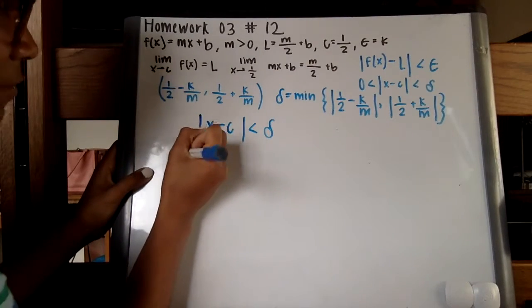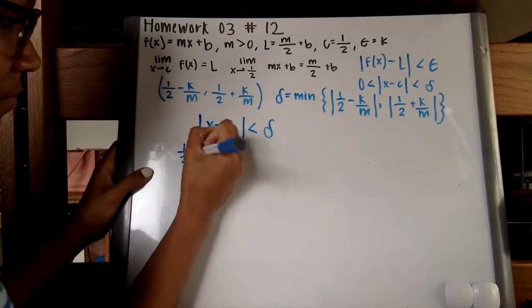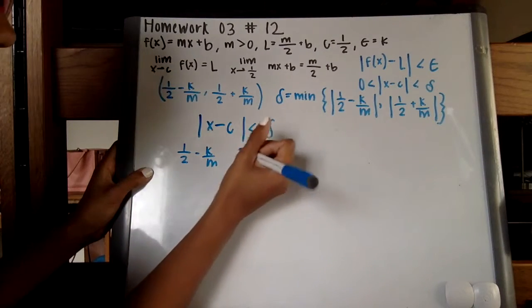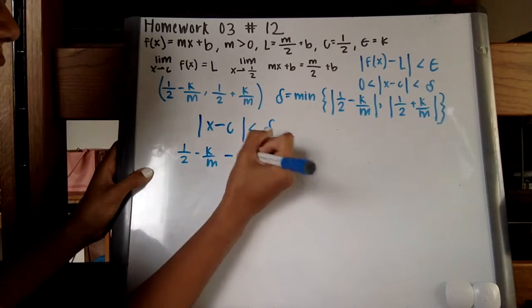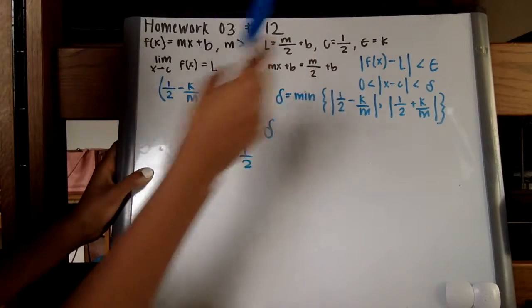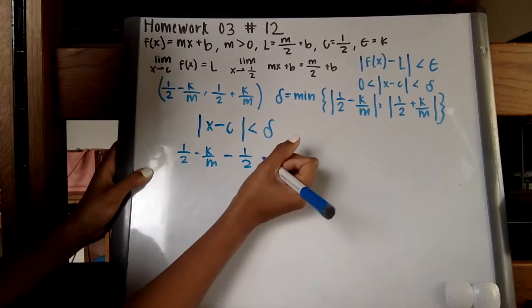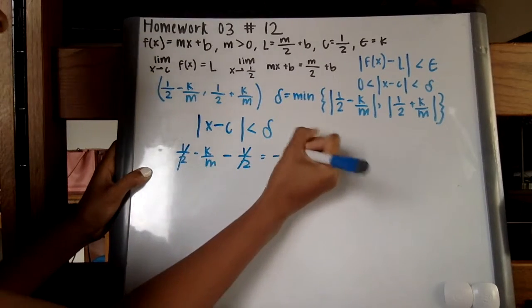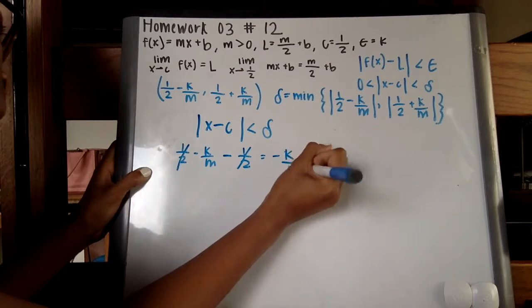Let's try the first one, 1/2 minus k over m, and plug it in here, minus 1/2 because c is 1/2 and that's a given. 1/2 minus 1/2 cancels out, so we get negative k over m.